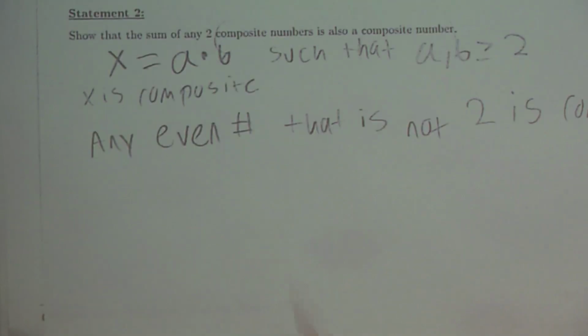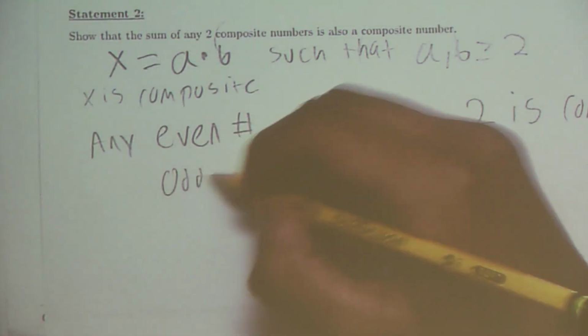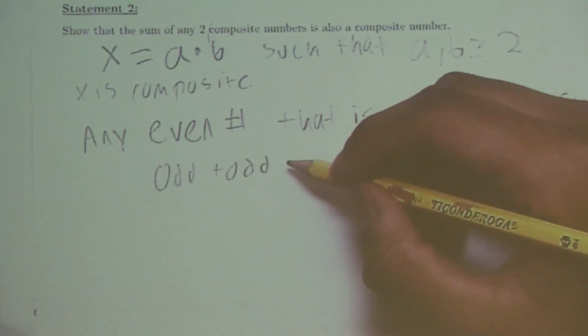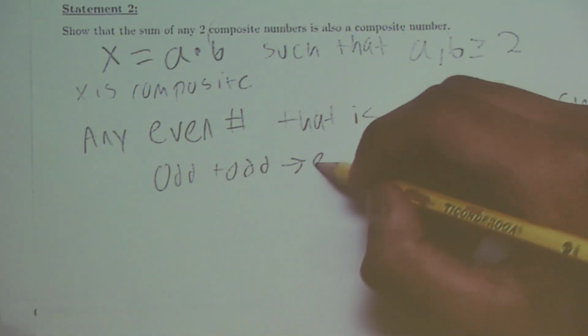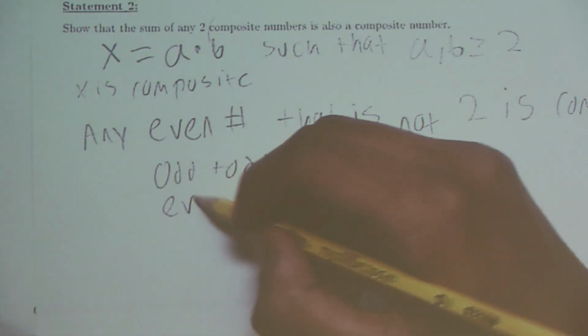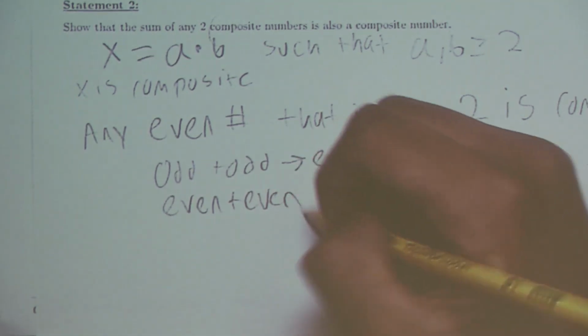So if we want to show a counterexample to this, let's not make our two composite numbers both odd or both even. Because if we have an odd plus an odd, that becomes an even number. And likewise, an even plus even becomes an even number too.